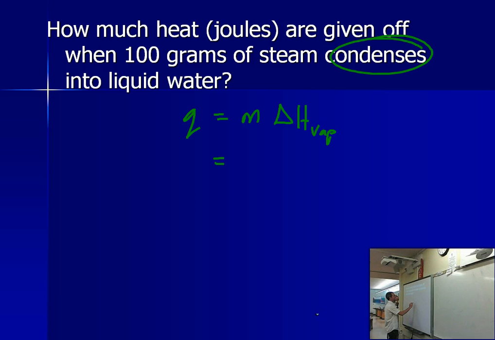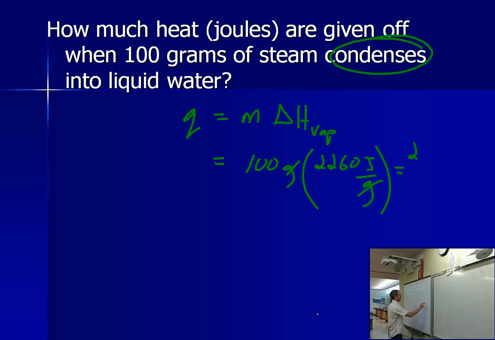So Q in this case is going to be 100 grams multiplied by the delta H of vap, which I'm going to look up again on my periodic table. I have it right here. I look it up on the back, and it is 2260 joules per gram. That's usually the units we're going to use, at least for our class. Then grams cancel, and we can just multiply those together.